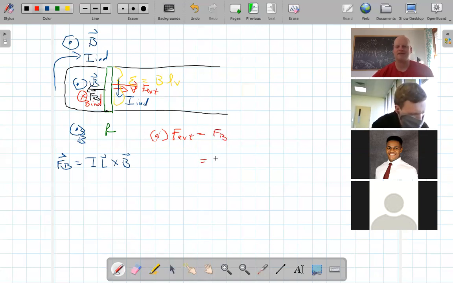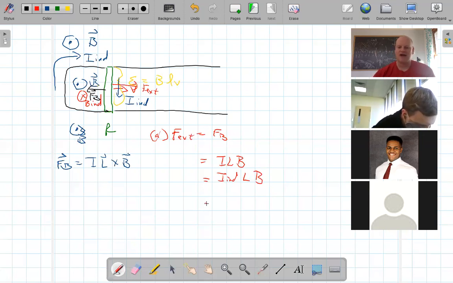Our magnetic force is going to be I times L times B, because again, I is going downward, B is out of the page, so they're at a 90-degree angle from each other again. So sine of 90 is simply equal to 1. So it's going to be equal to I induced times the length times B. Now in our case, I induced is from the fact that this thing is generating the EMF.